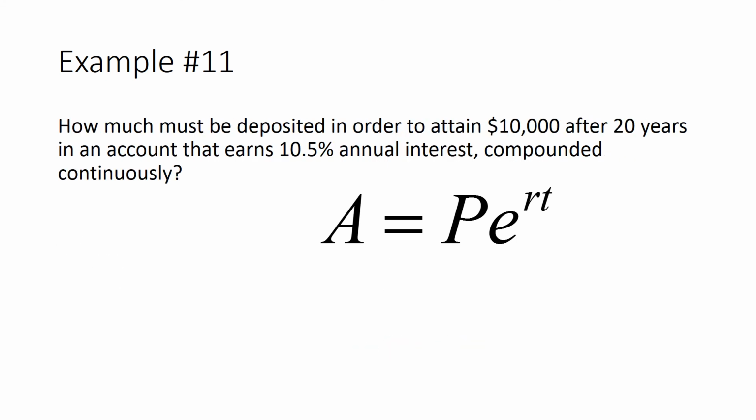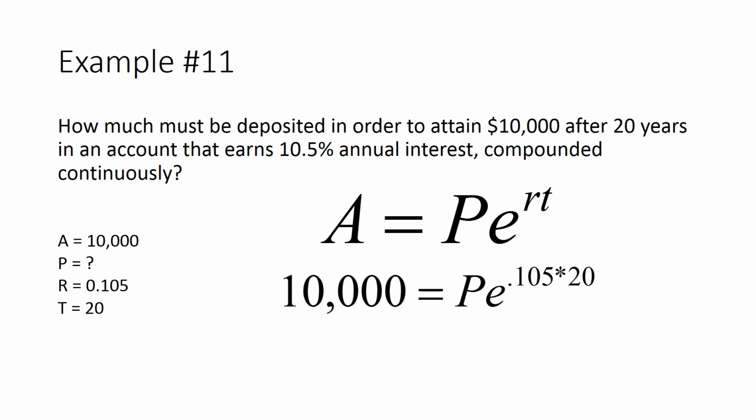Okay, so now we're trying to find P, because we're asked how much must be deposited. So we're trying to figure out what is the initial amount that we started with, and we want to end up with $10,000 after 20 years. So we have A is 10,000, P is unknown, R is 0.105, because we have to move that decimal 2 places to the left, and T is 20 years.